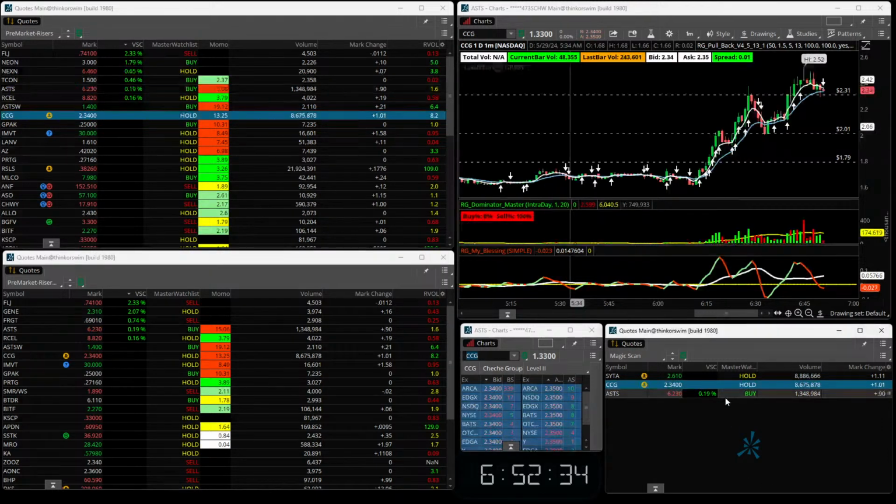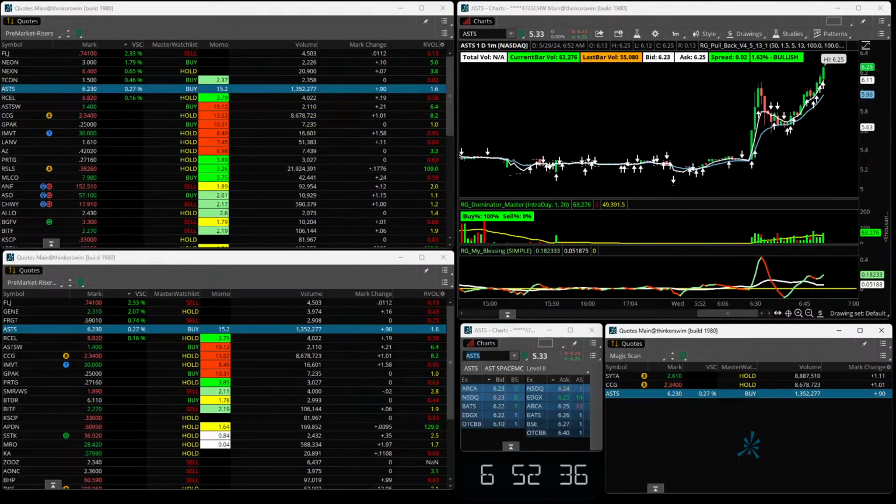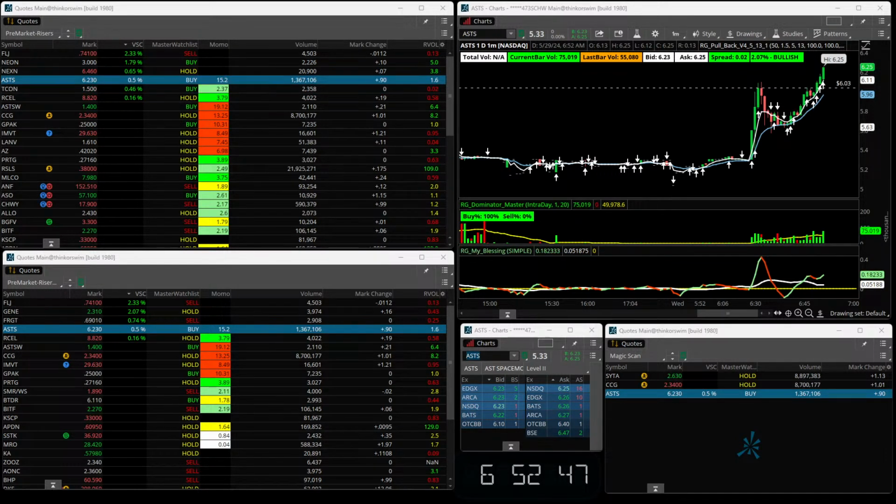ASTS is right here in Magic Scan. I've been watching it. It's been bouncing up and down, not real strong yet. I'll go ahead and mark out the last pullback, which was here.